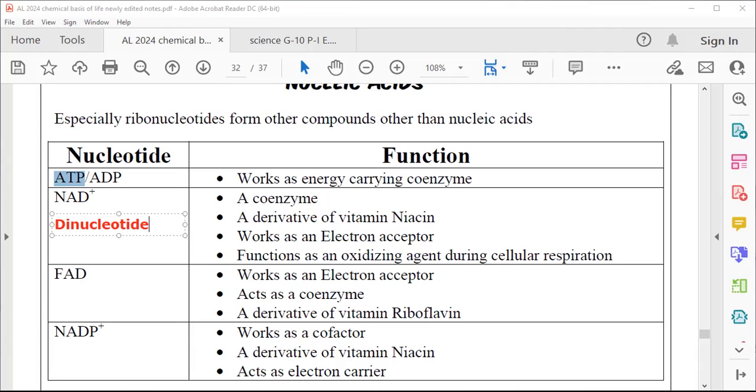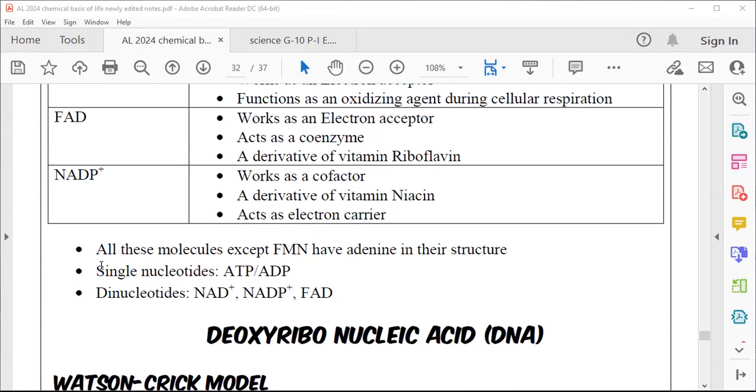Have you marked it? Yes, sir. And keep in mind, you can mark it down here. Later we will mark it here. It's already marked for you. Who are single nucleotides? ATP and ADP. Who are dinucleotides?